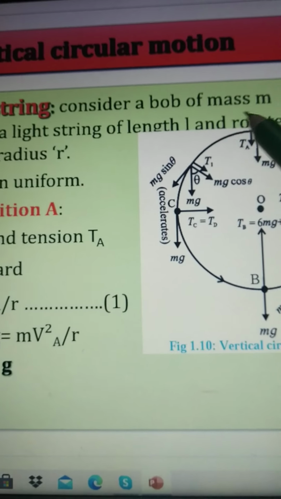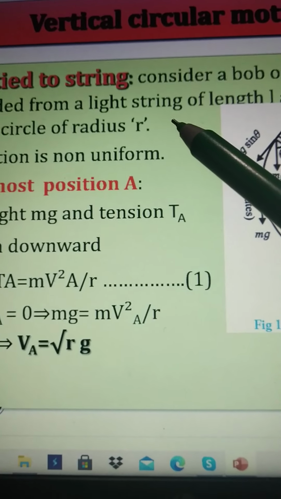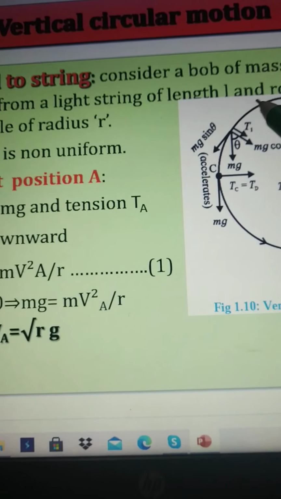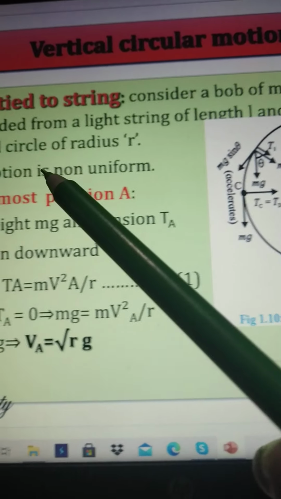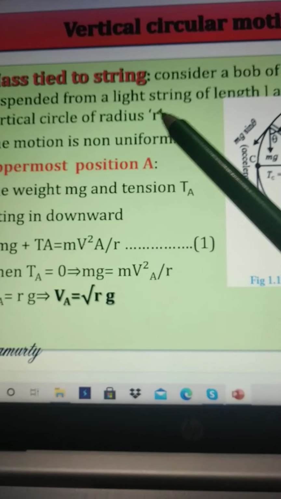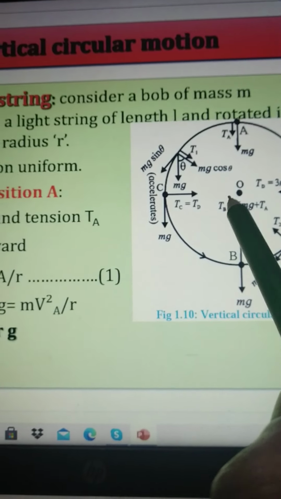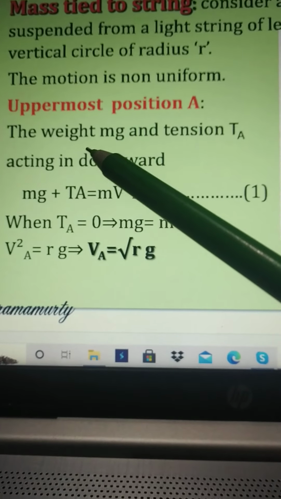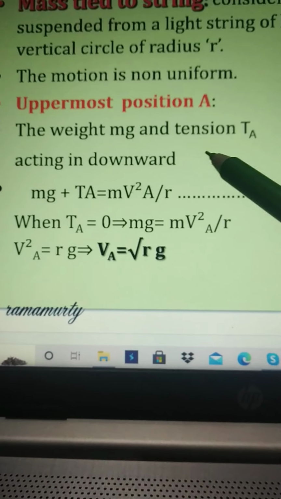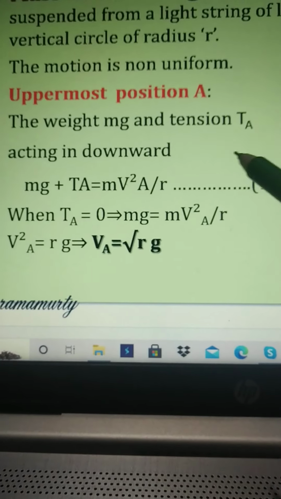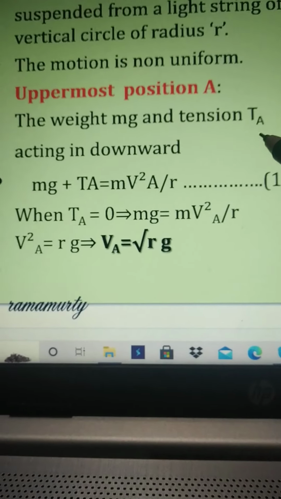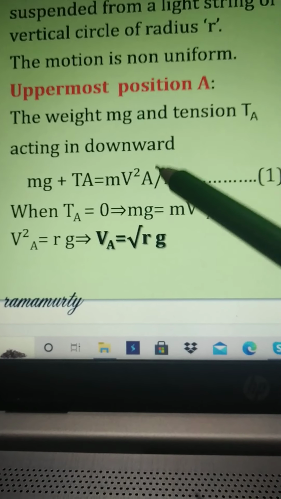Consider a bob of mass M suspended from a light string of length L, and rotating in a vertical circle of radius R. This radius is R. At the uppermost position A, the weight mg and the tension TA, the tension at point A, act in the downward direction.